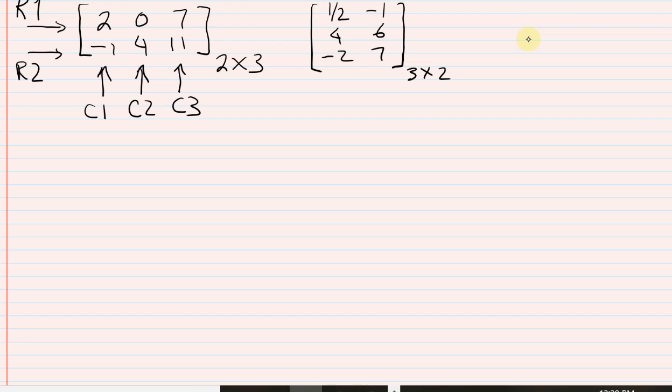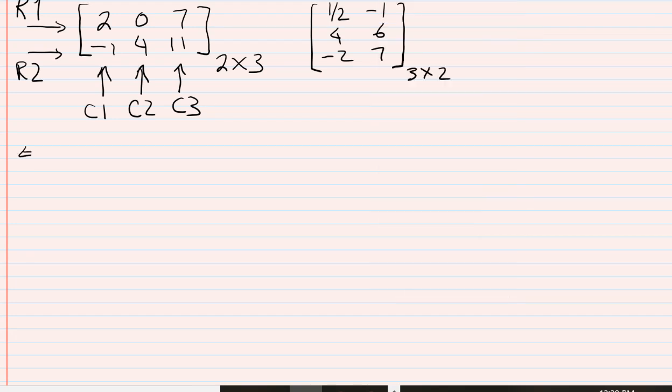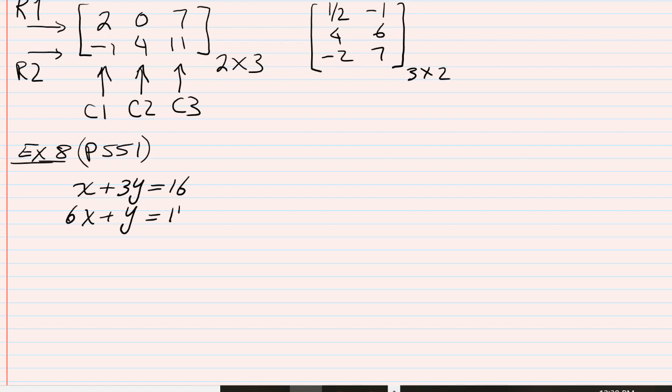In this example, we're going to look at exercise number 8, on page 551 of the textbook. The system is x plus 3y equals 16, and 6x plus y equals 11.